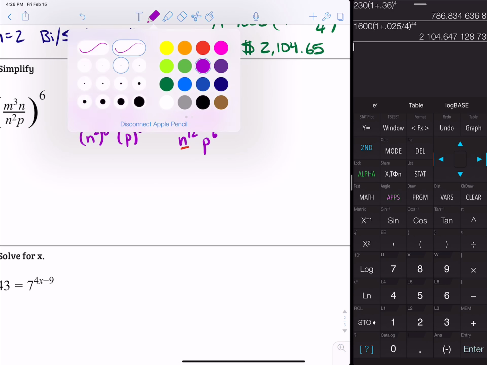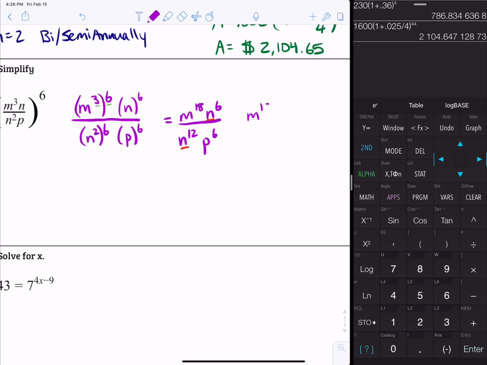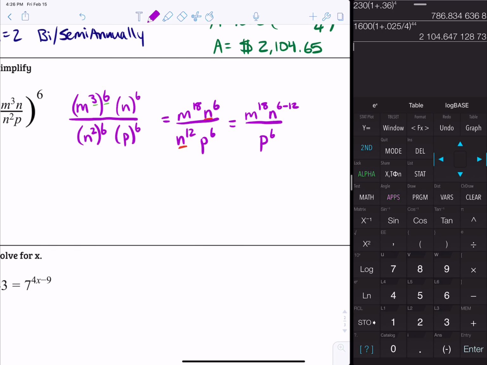So let's take m to the 18th, and then it'll be n, and that'll be 6 minus 12. And then p to the 6th is still in the denominator. So then we take m to the 18th, let's simplify, and that'll be n to the negative 6th power over p to the 6th power.